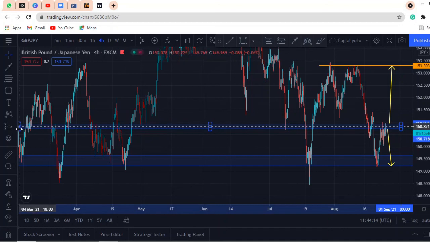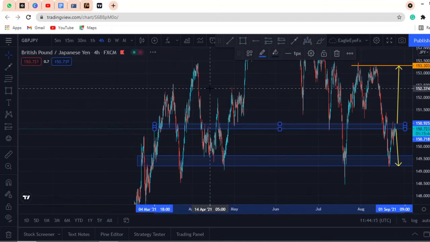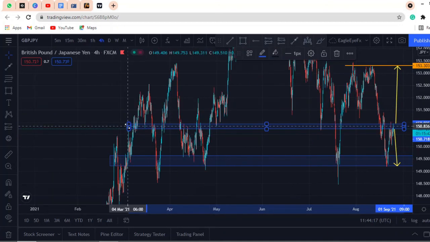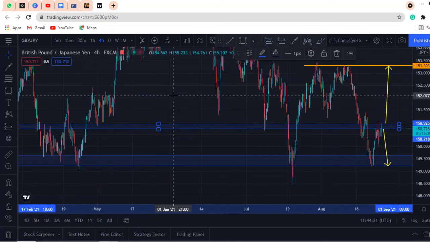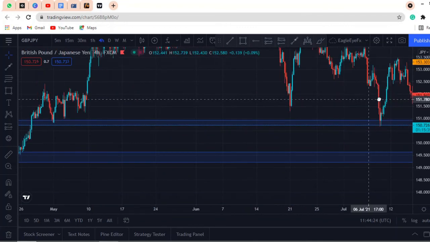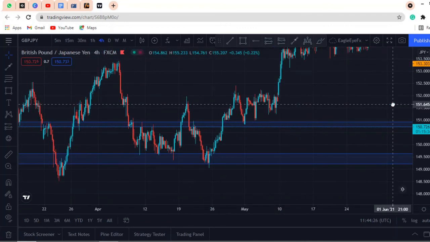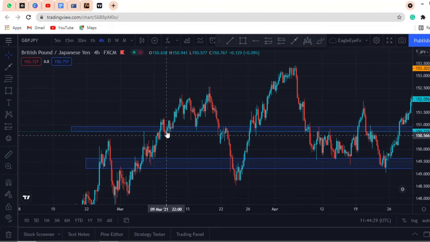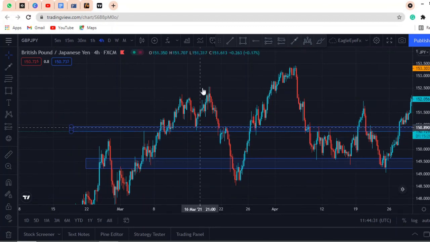Maybe if I go back further, that's where you see that that level was a level of interest, because as you can see, I'm gonna zoom it for you to see. The market came, consolidated, found support, it was able to break and resistance here.